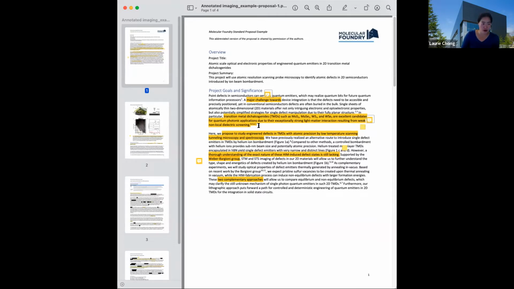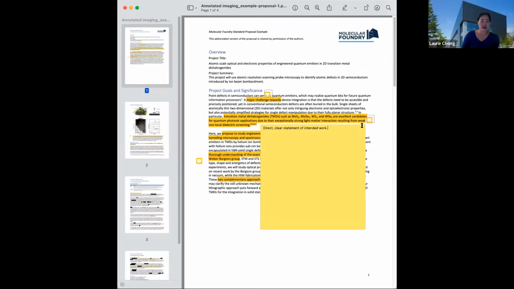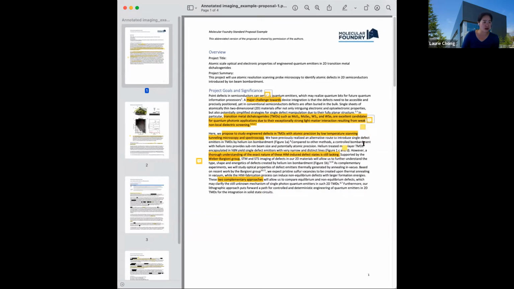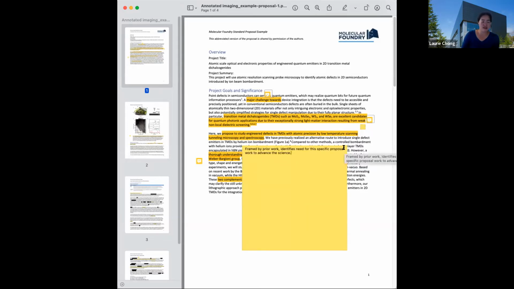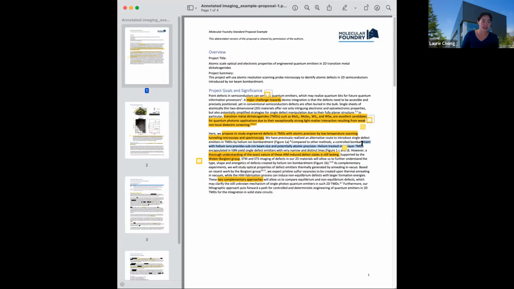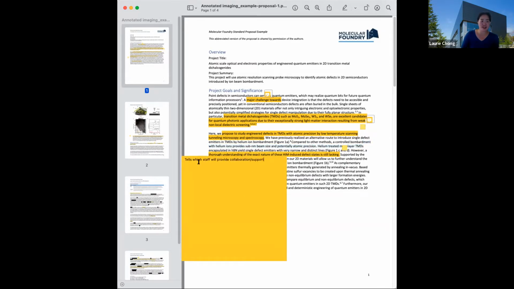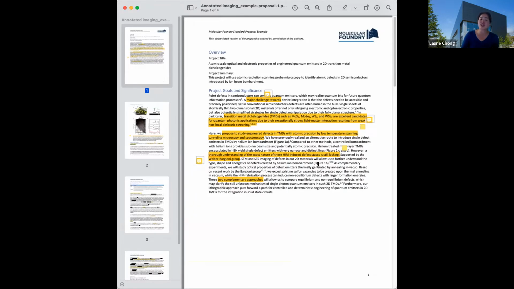Here in this next paragraph, it begins with a very clear statement of the intended work. And as we continue, we're framing what previous work has found and identifying a need for this specific proposal to advance the science. And then right after that, it specifies which staff are going to provide support or which staff member you aim to work with.